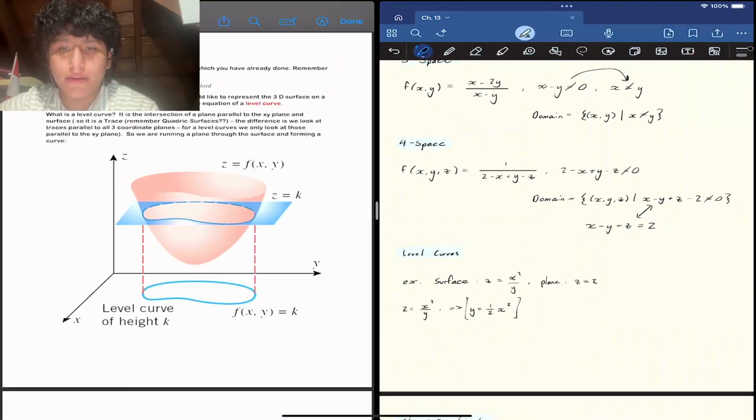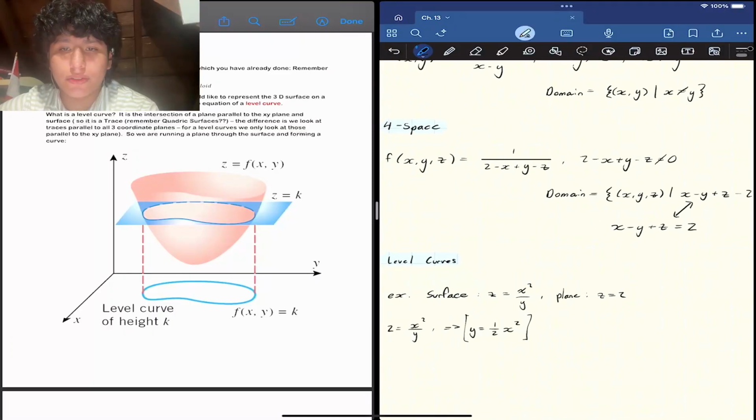In this case, the bottom, 2 minus x plus y minus z, cannot be equal to 0. If you rearrange that, the domain would be the values of x, y, and z where x minus y plus z minus 2 is not 0.